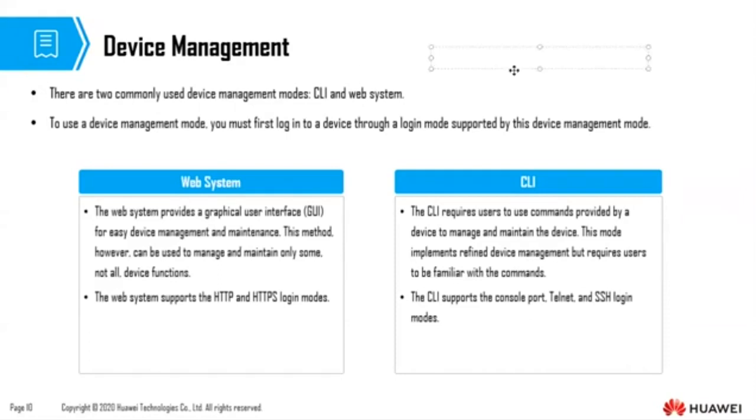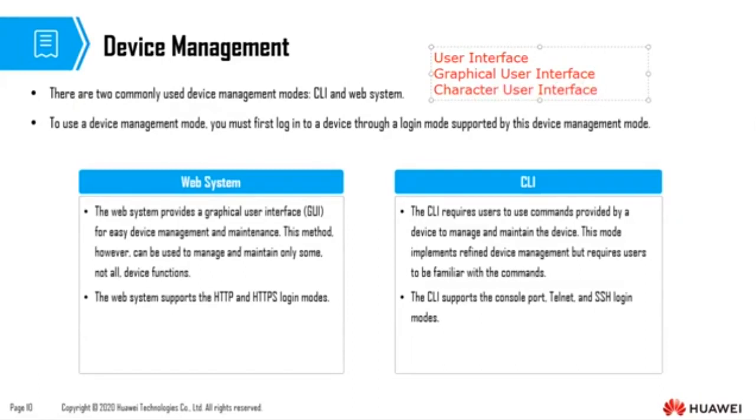Wonderful. Now, device management simply means for you to interact with the device. Operating systems will normally offer you what we call a user interface, a UI. The user interface might be a graphical user interface, or it can be a character user interface.